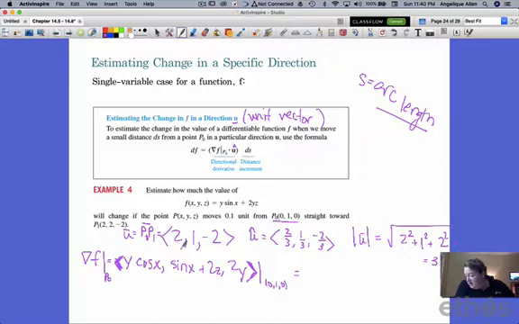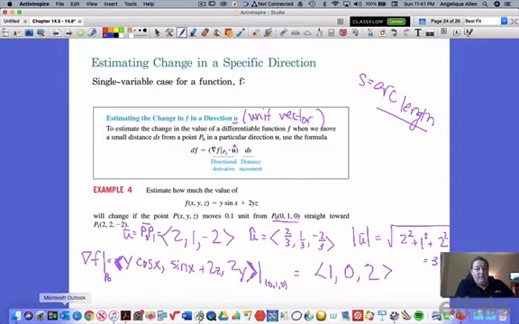All right, so plugging in some pretty simple numbers. We've got y is 1 times the cosine of 0. Well, the cosine of 0 is 1, so 1 times 1 is 1. And sine of x, sine of 0 is 0 plus 2z, which is 0. 0 plus 0. And then 2y is 2 times 1, or 2. So here's our gradient vector evaluated at the point 0, 1, 0, and now we've got to dot those together.